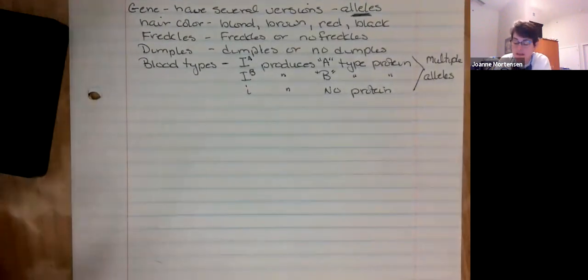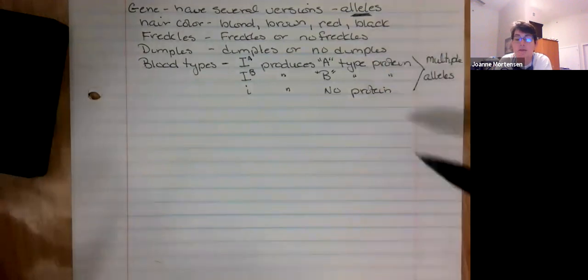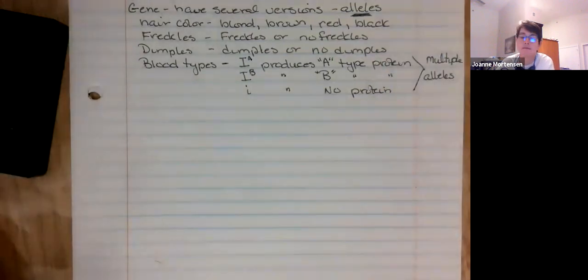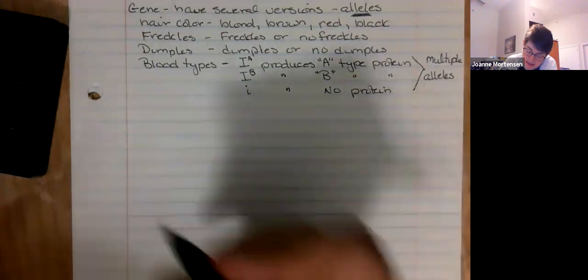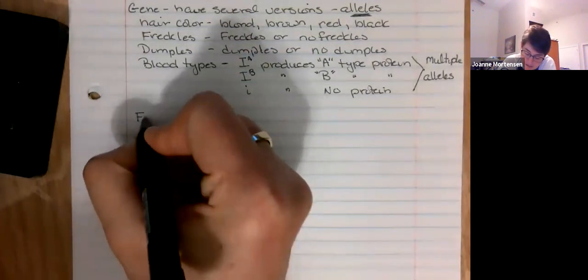Now, some of these genes that we're talking about are thousands of bases long. So thousands of pairs of A's and T's and G's and C's. Okay, so we just get lazy and we use symbols to represent them. So let's say we were talking about freckles.